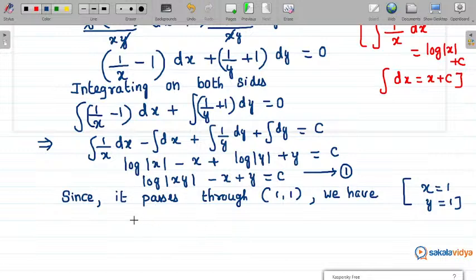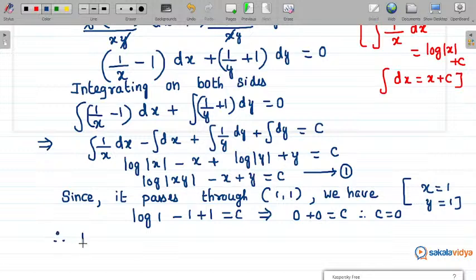Then what do we get now here? Log of 1 minus 1 plus 1 equal to c. Logarithm of 1 is 0, plus 1 minus 1 is 0, equal to c. So therefore c becomes 0. Substitute c equal to 0 in equation 1, we get the required equation of the curve.